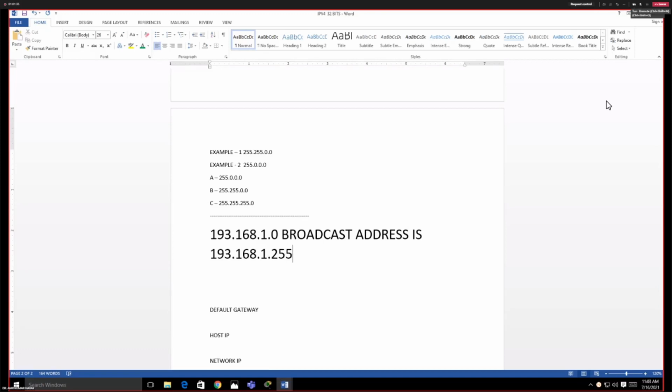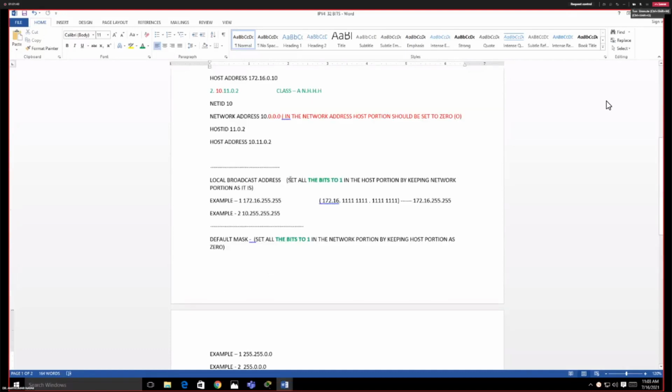Very good. Are you all agreed with this? Yes, sir. So for the broadcast address, set all the bits to 1 in the host portion, keeping the network portion as it is.